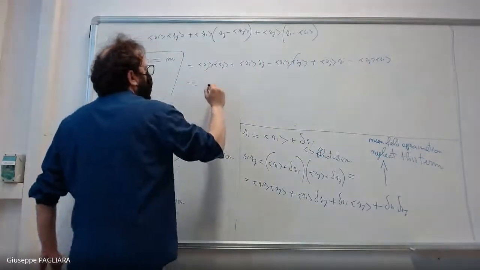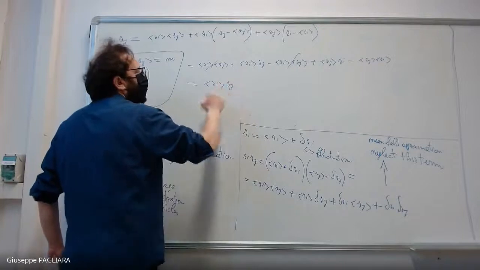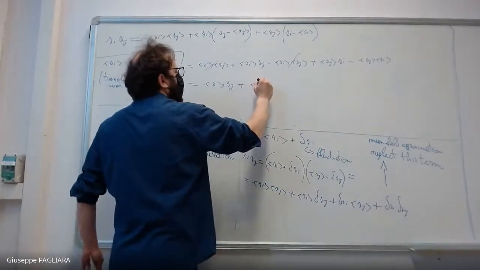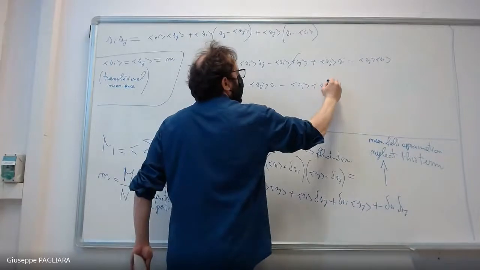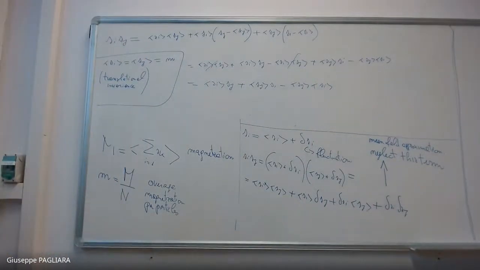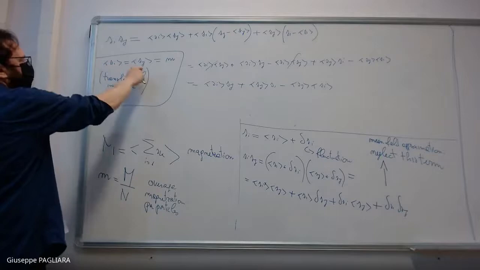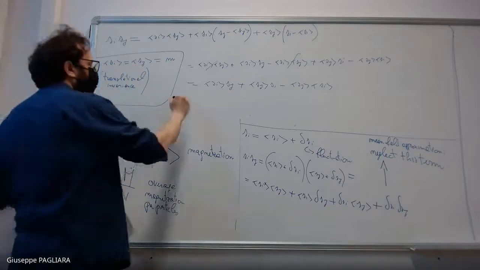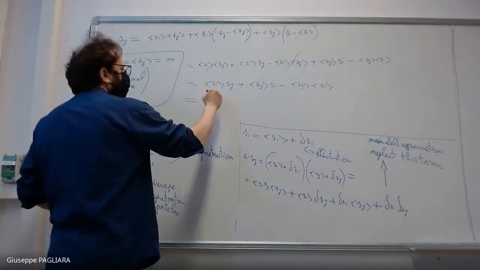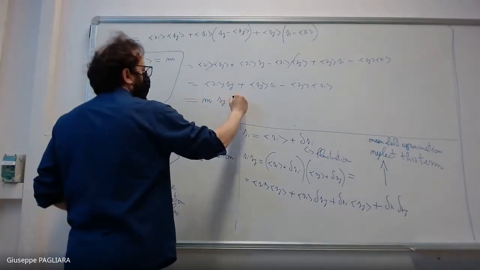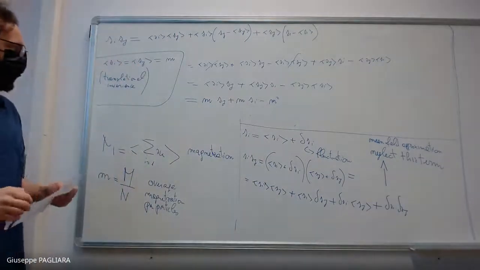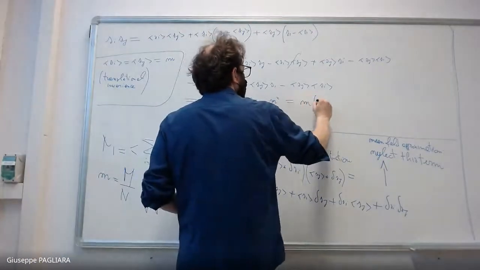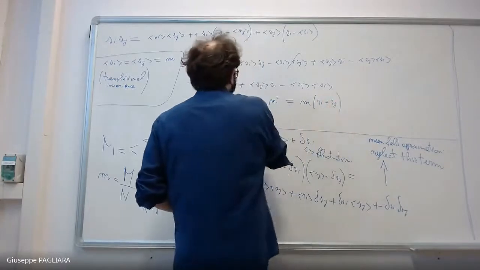Now we can use translational invariance, and first of all write that the average of Si and the average of Sj are equal to M. Therefore, here we will have M times Sj plus M times Si minus M squared. Which is equal also to M times Si plus Sj, minus M squared.